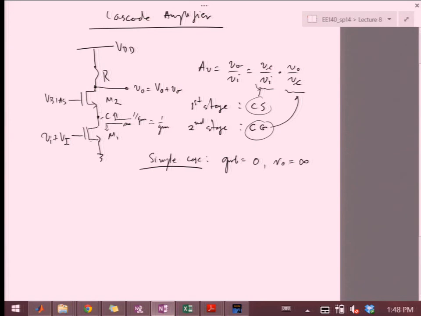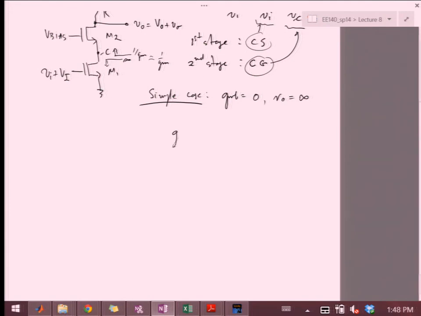So my current source, my transconductor inside, which is GM V in, looks at that total resistance, which is internal R0 plus whatever the load is, in parallel with whatever the load is, and develops GM times, so let's call it GM1, times 1 over, call this GM2. GM2, right?